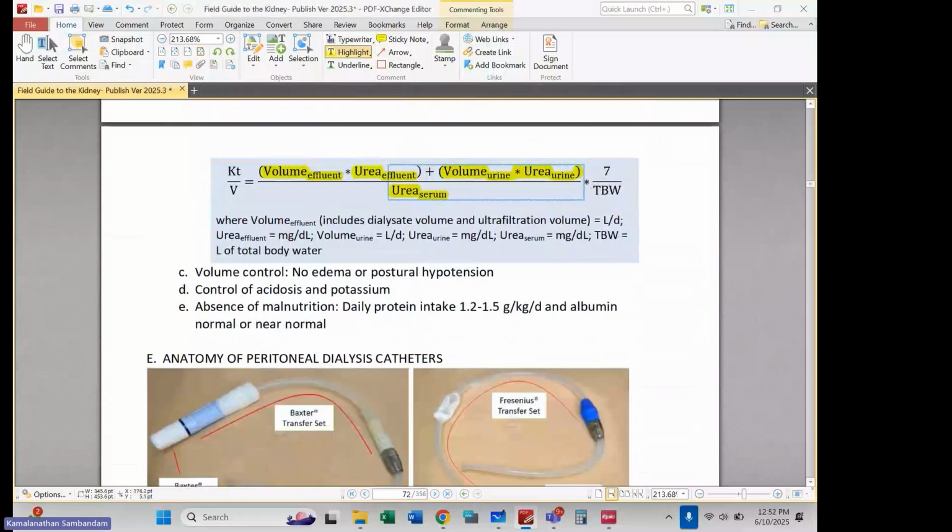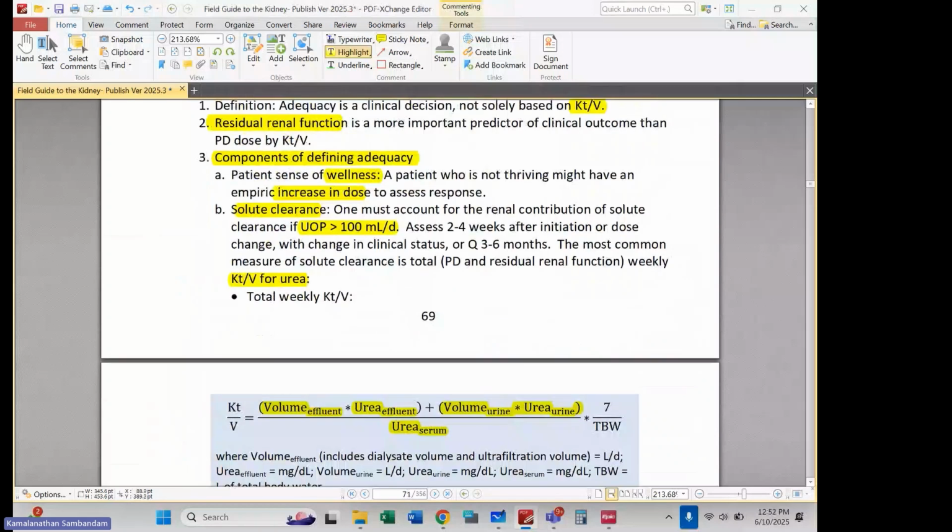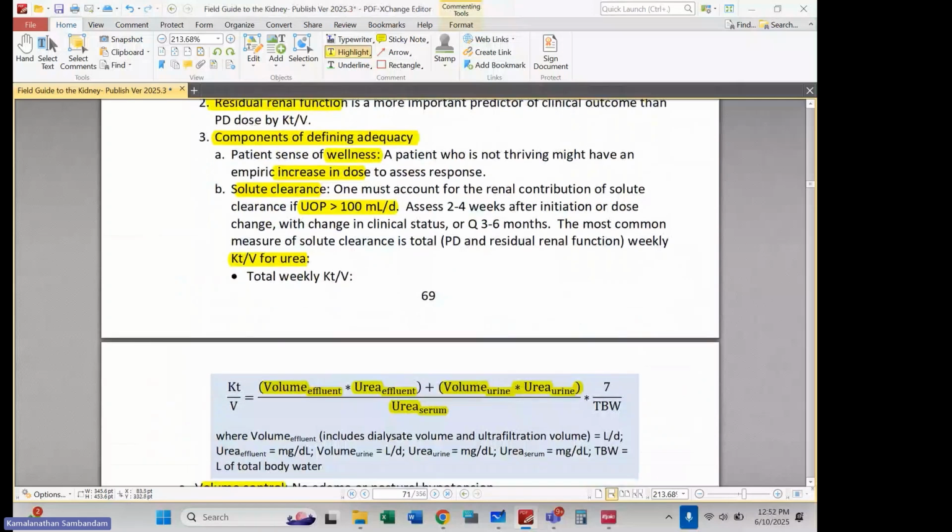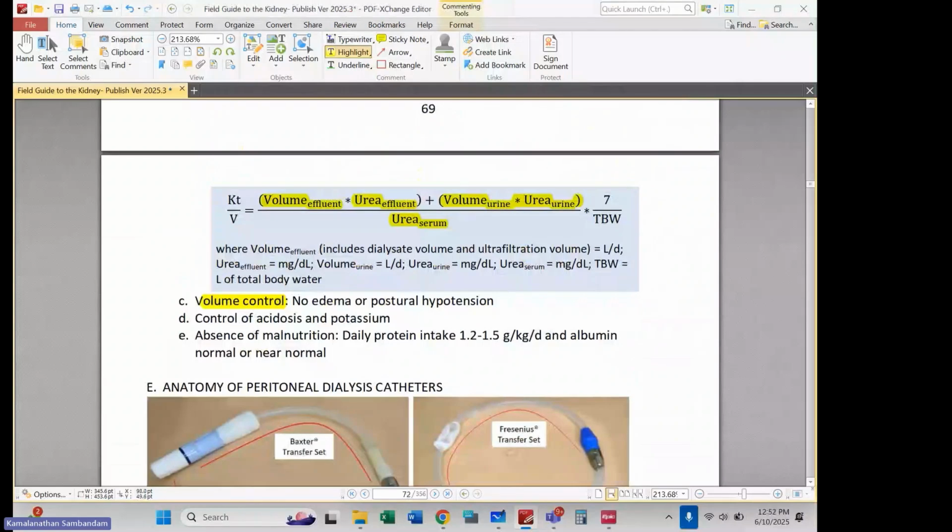Okay, so volume control, I mentioned, is extremely important. So again, these are all components of adequacy: wellness, Kt/V, volume control, other metabolic control, like their acidosis and potassium control. One can consider adding phosphate control to this, but phosphate control is always so difficult and is a messy landscape.